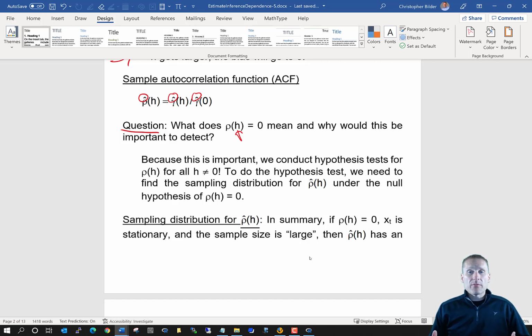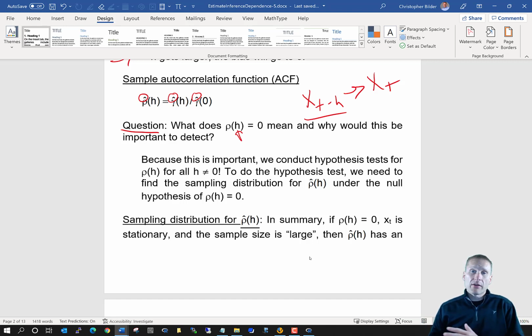This is a very important thing for us because let's say I want to use x of t minus h to predict x of t. Generally speaking, at least in a linear dependence context, x of t minus h is going to have no effect on what x of t is.